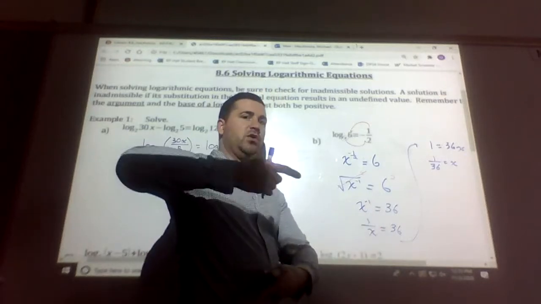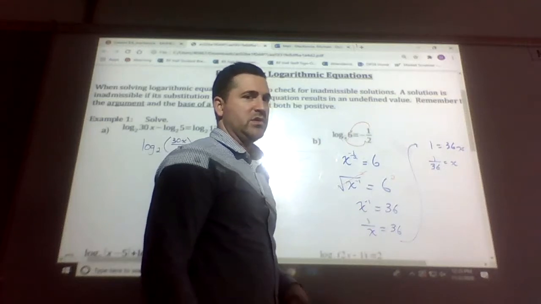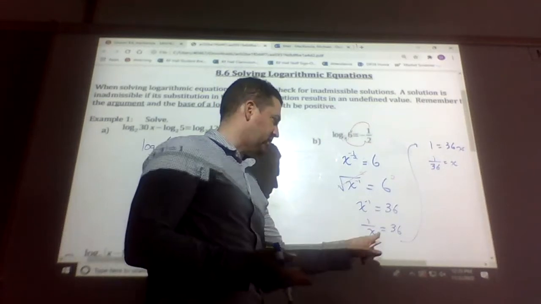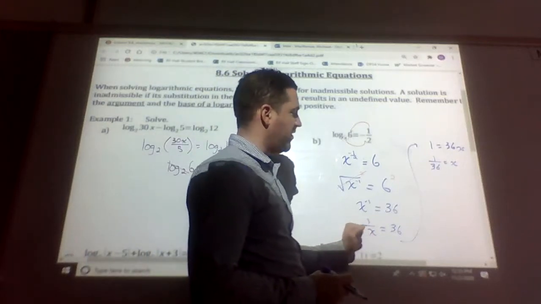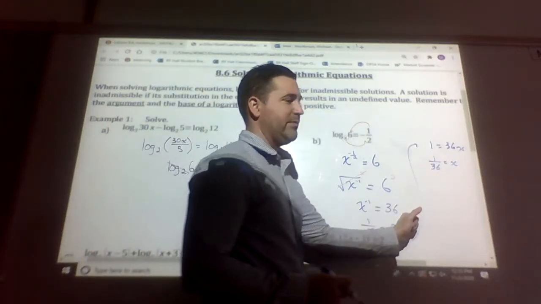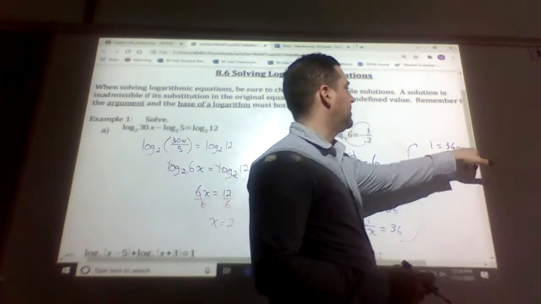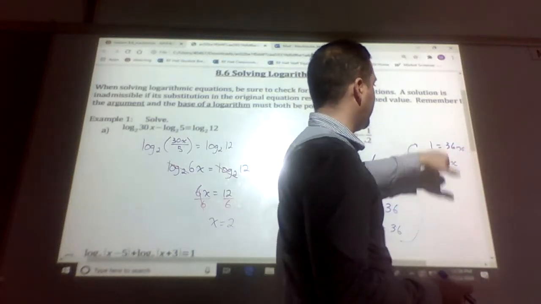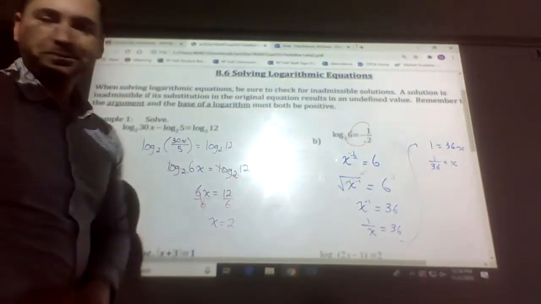So the negative exponent, what you do is you do the reciprocal, so you flip it, it becomes 1 over x. So the exponent is now a positive 1. Okay, now we isolate for x. Since we're dividing by x on this side, go to the other side and multiply it. So 1 equals 36x. And then isolate for x by dividing by 36 to get 1 over 36 equals x.